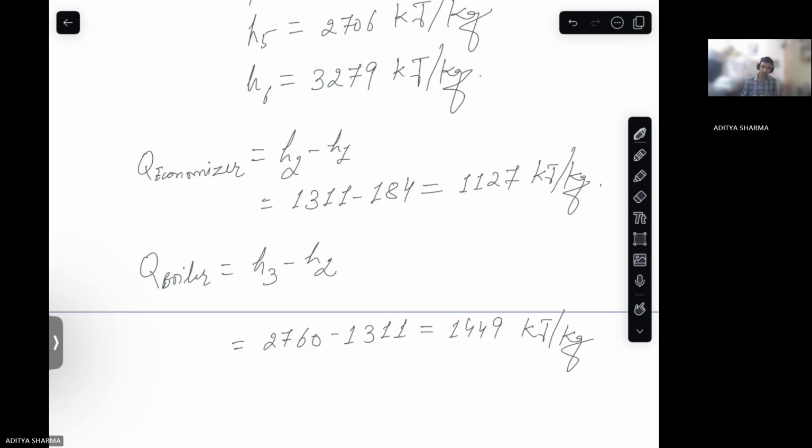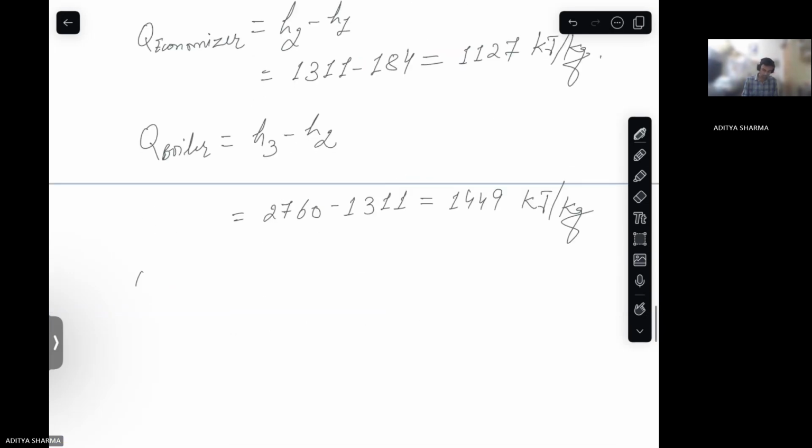Then for your superheater, SH, that is from 3 to 4.